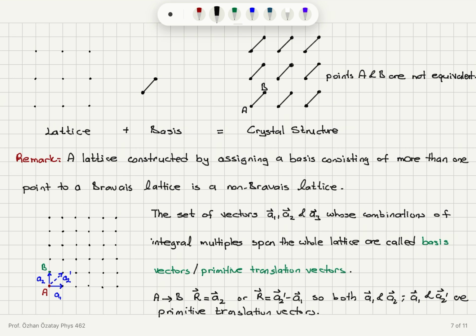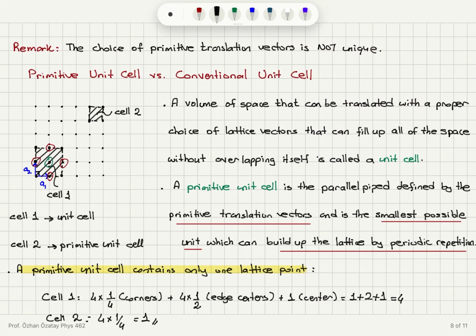You can see that 2a2 prime cannot be used here because you would need a 1/2 to go from one lattice point to another. So we have to make sure that these are as small in length as possible, because we need integer multiples of these to travel within the lattice. And the choice of these primitive translation vectors is not unique.